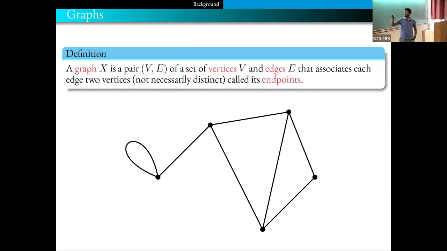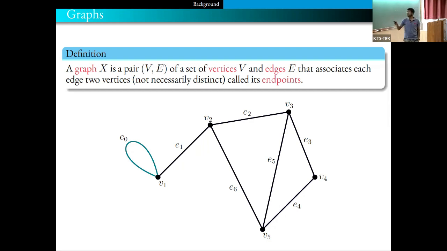For example, in this picture, the dots are the vertices, and these are the edges, which correspond to two distinct vertices, and this is a loop, which corresponds to only one vertex, V1. So this is called a non-simple graph. In the entire discussion, we will be considering simple graphs that do not contain any loop.